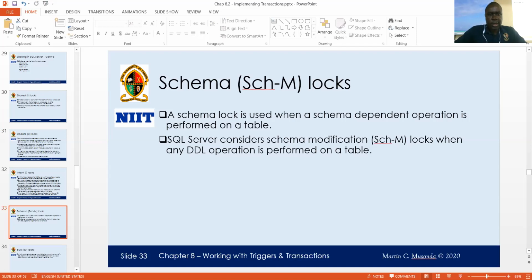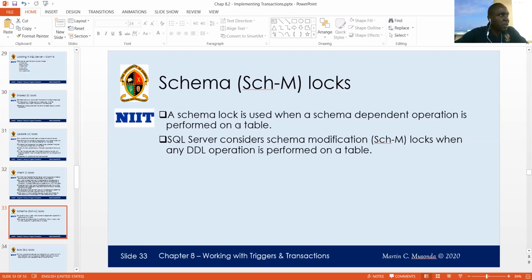Okay. So whenever you come across the term schema, immediately what should come to mind is we are dealing with a data definition language. We are dealing with the actual objects in a database. SQL Server considers schema modification locks when any DDL operation is performed on a table.